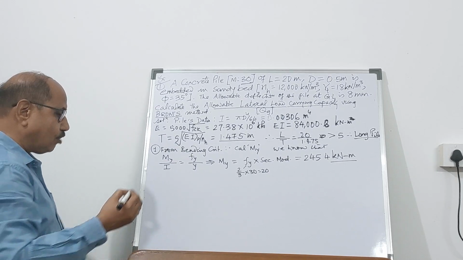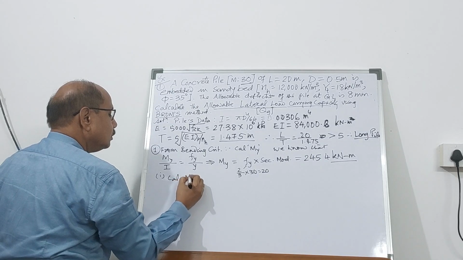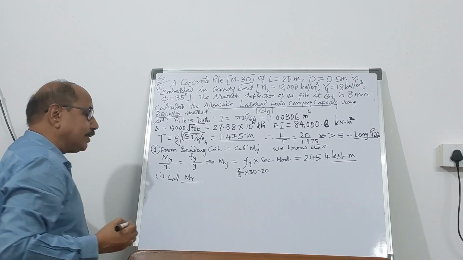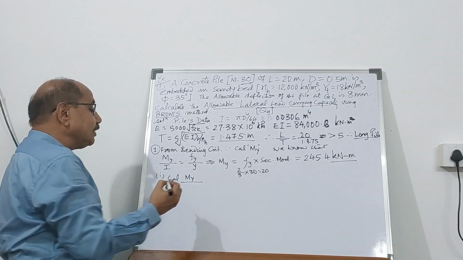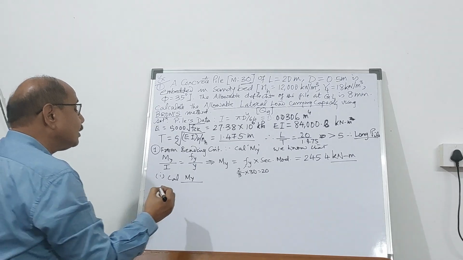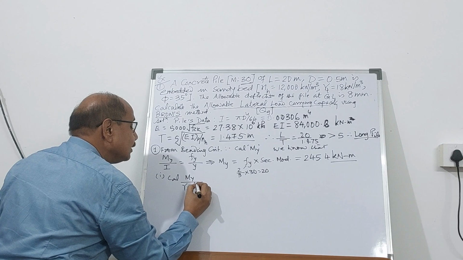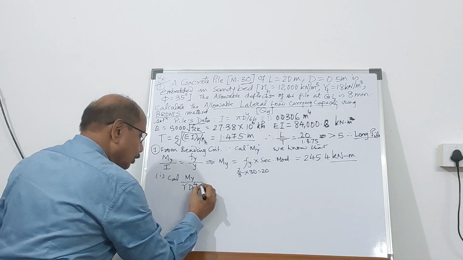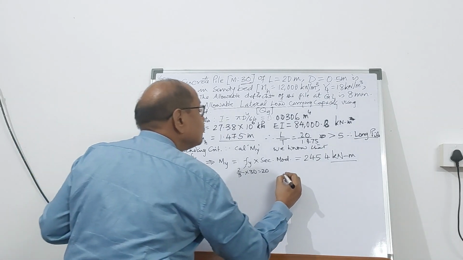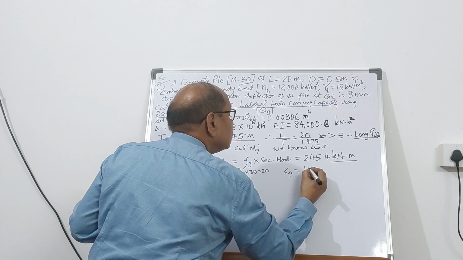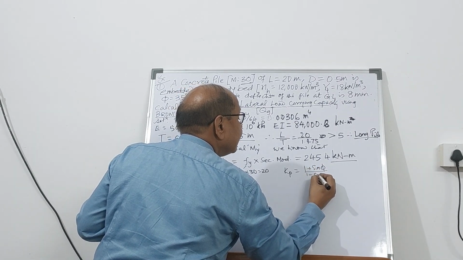Having got this, now calculate a dimensionless quantity so that you can use the chart. The dimensionless quantity is My, the yield moment, upon gamma, which is 18, d to the power 4 into Kp, where Kp will be 1 plus sine phi, phi is 35 degree.